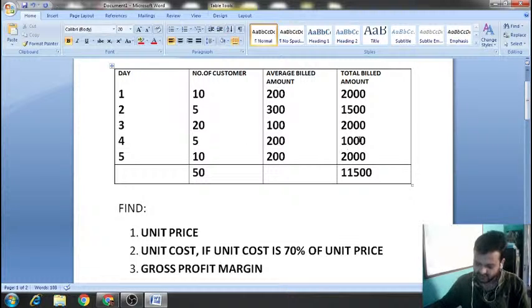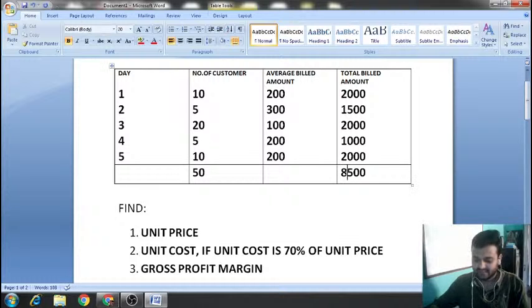So please let's do the totaling again. 2000 plus 1500 plus 2000 plus 1000, it's coming to 8500. Okay, it's not 11,500, it's 8500.